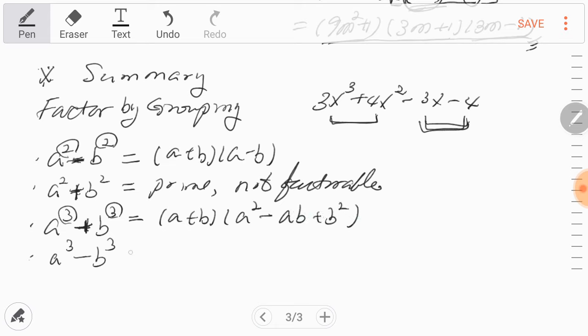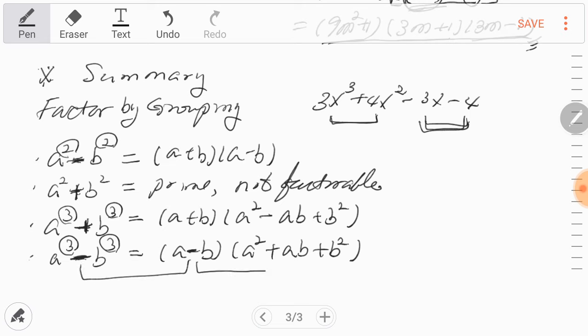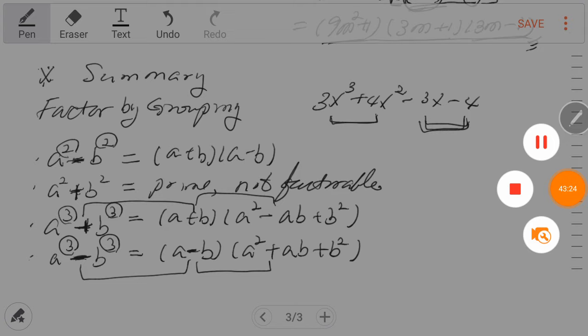The last one is the difference of two cubes: a minus b, times a squared, change the sign, plus ab plus b squared. Same sign, change the sign. Okay, so it's important to memorize these formulas.